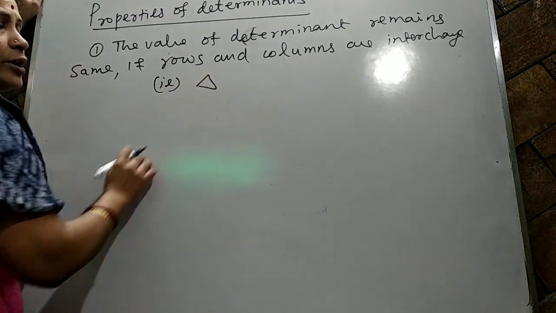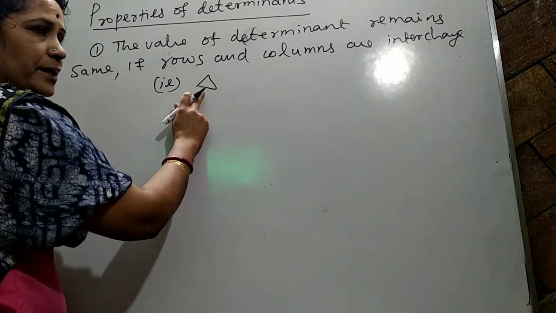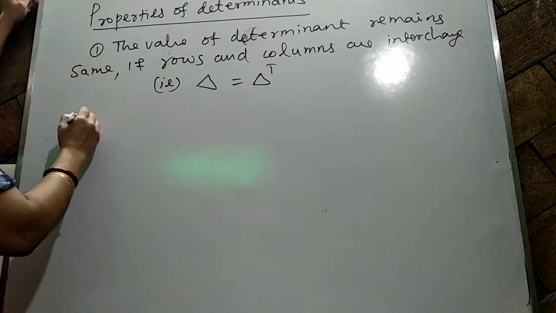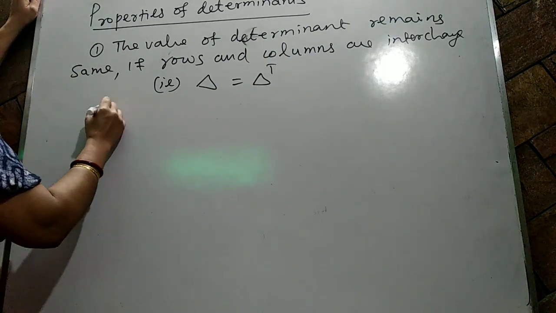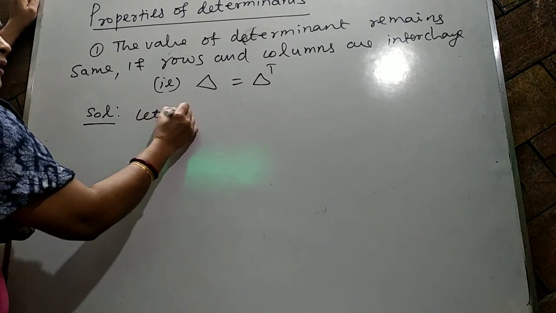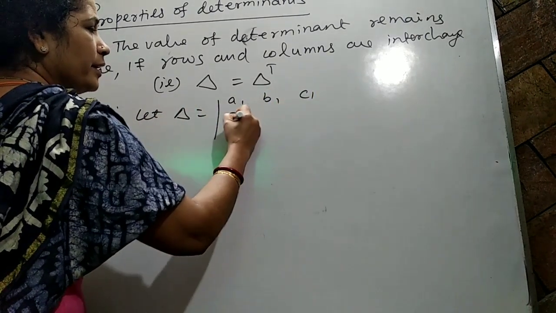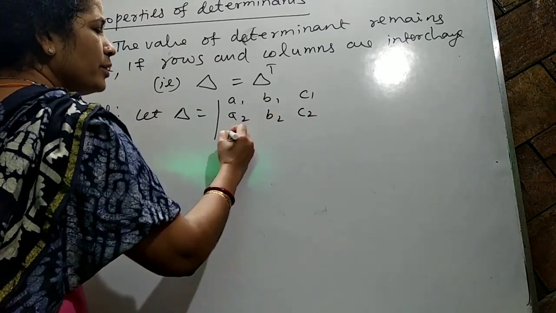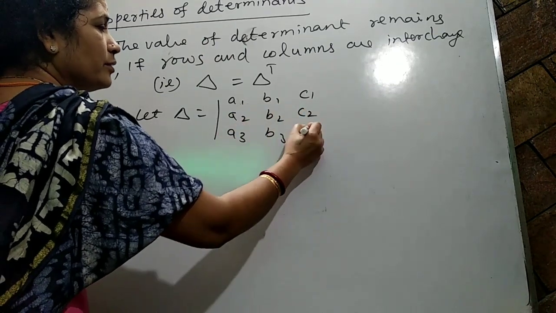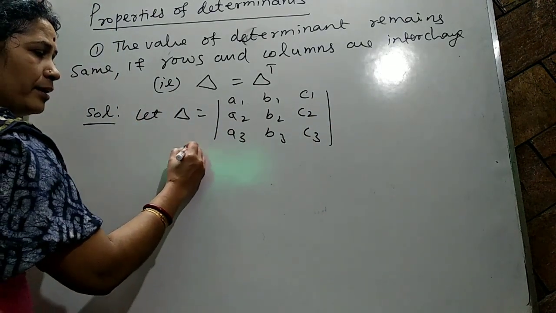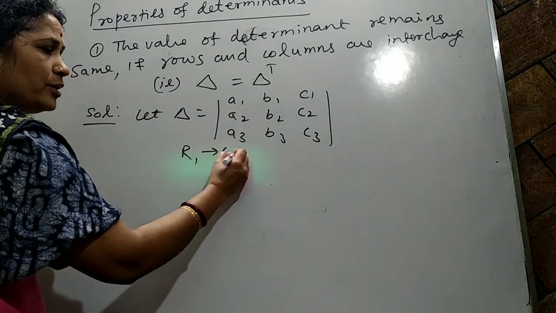Determinant is always denoted by delta, capital delta, this one. That is equal to delta transpose. Okay, now I am going to prove this. Solution: I am taking delta equal to A1, B1, C1, and then A2, B2, C2, A3, B3, C3. Okay. Now what I am going to do here, row R1 goes to C1.